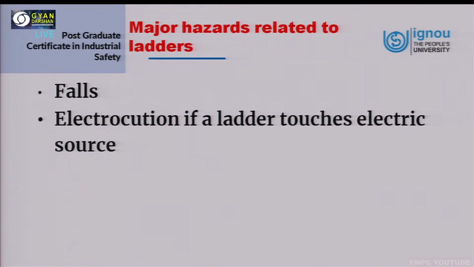Now let's look at the second major hazard that is related to ladders. The second major hazard is electrocution if a ladder touches an electric source. We know that there would be times when there would be an overhead electric line, or some source of power supply on the construction site.